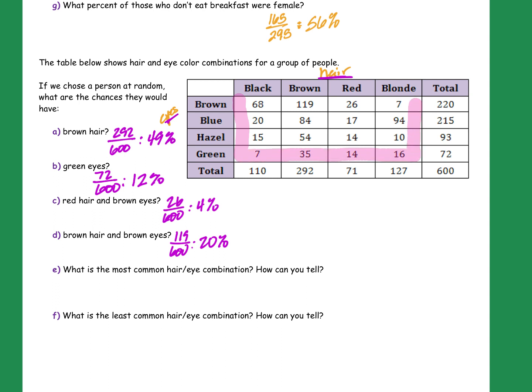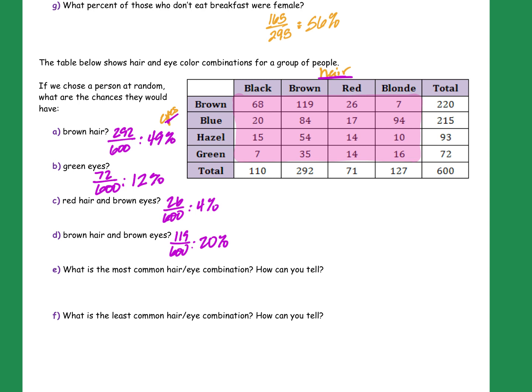So these numbers right here. Which one of these combinations has the highest number? Which combination is the biggest? Look at the numbers and tell me which number is the biggest.